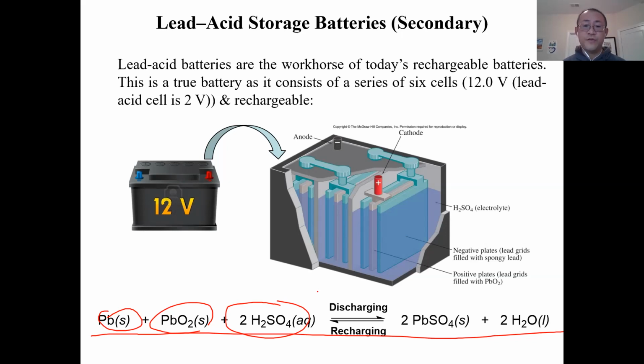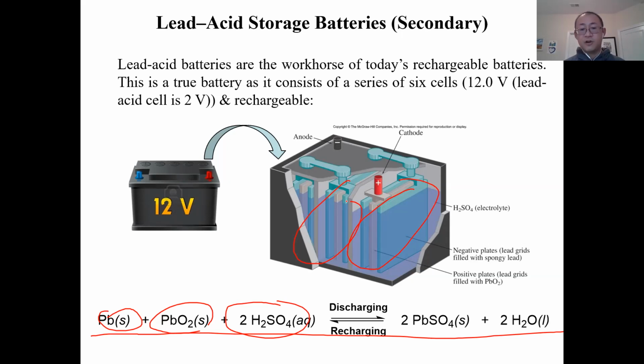It's 6 molar sulfuric acid. Now, the metal electrodes and also the lead 4 oxides are all on the plates, on the lead grids, filled onto metal plates. That is also a factor to be considered.